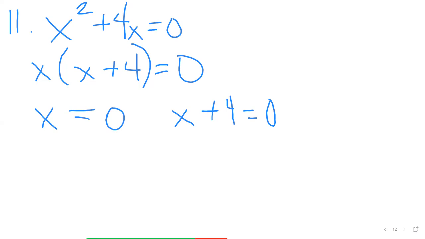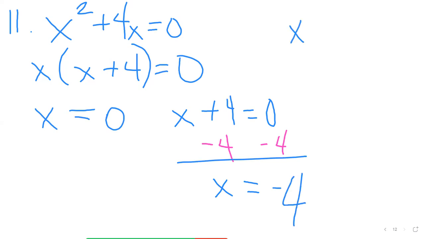So the first one's done for us. We have minus 4 to complete on this second one for x equals negative 4. That leaves us the solutions 0 and negative 4.